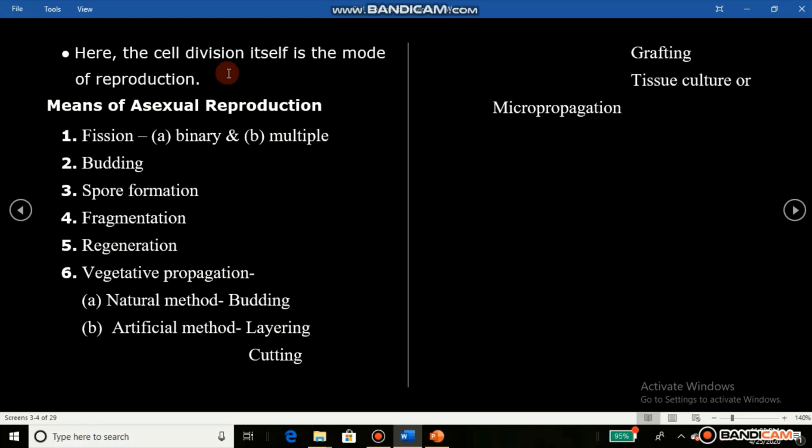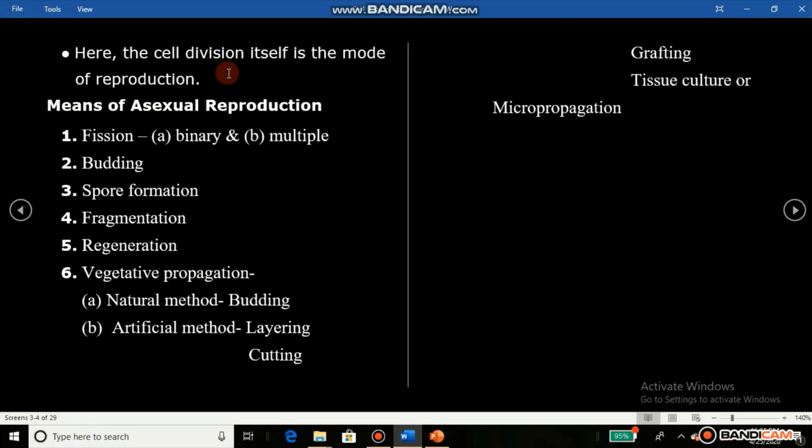Whenever it is completed, the next step occurs, known as cytokinesis. Cyto means cytoplasm, and kinesis means separation. When karyokinesis is completed, then cytokinesis occurs. Karyo means nucleus, kinesis means separation.